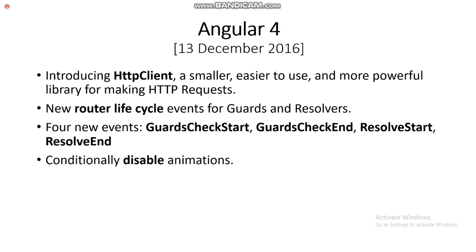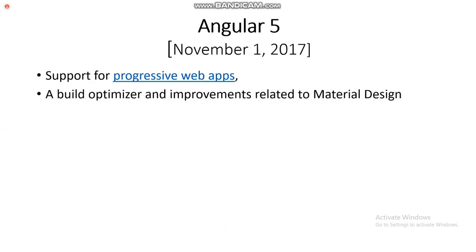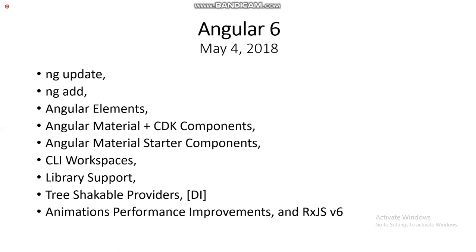So after Angular 4 came in 2.16, then Angular 5 in 2.17, which improved some support for progressive web applications. Then Angular 6, which added some new options: ng add, ng update, some changes in Angular elements, materials, and CLI workspaces.